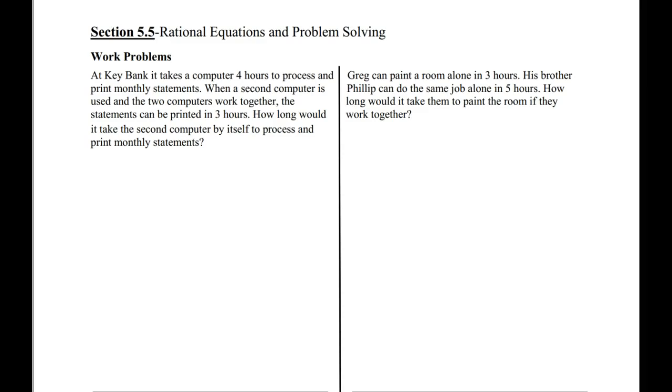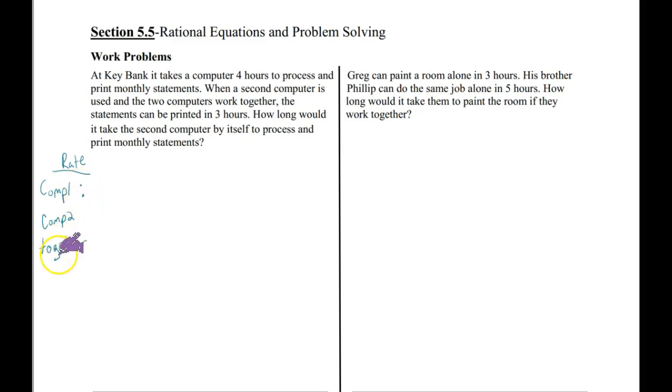The way we're going to set up these problems is by defining the rate at which work can be done. I'm going to set up the rate, and we're talking about two different computers. I'm going to call it computer 1 and computer 2, and the two computers together.